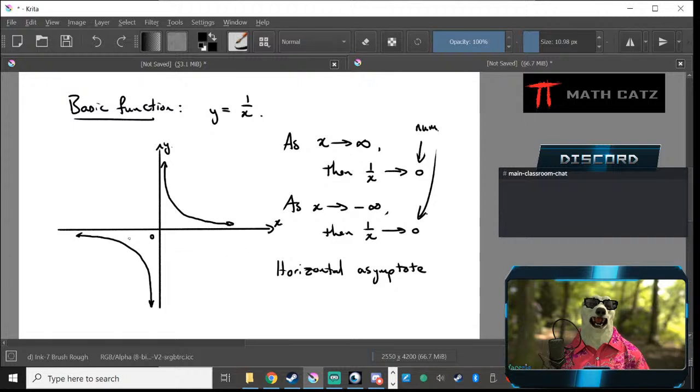Horizontal asymptote is this y value, and it's the line, in this case y equals 0. It's a horizontal line, horizontal straight line. In this case, it just happens to sit right on the x-axis. It's what the graph is wanting to do long term, far to the right.